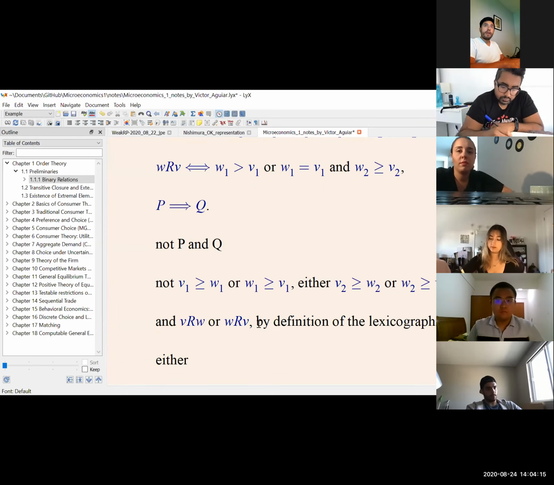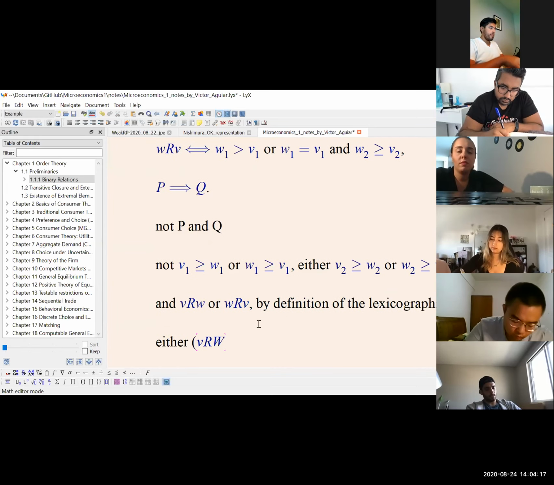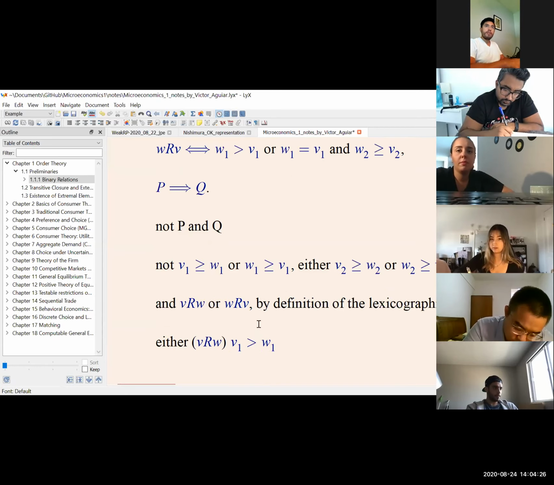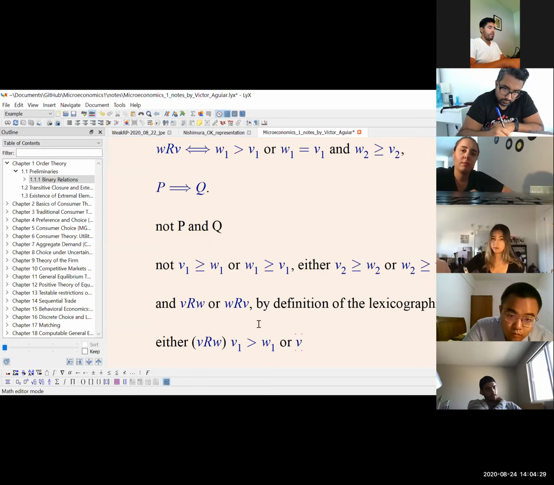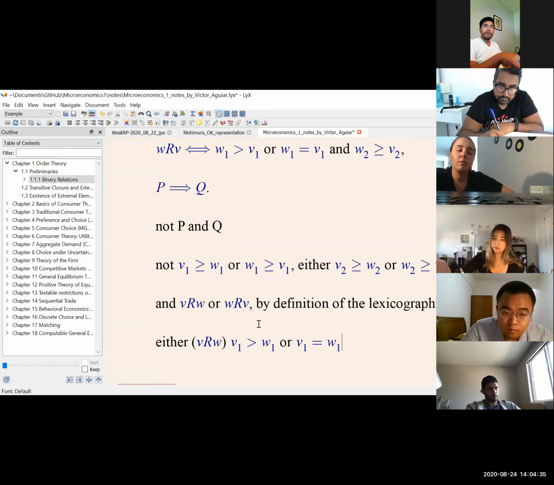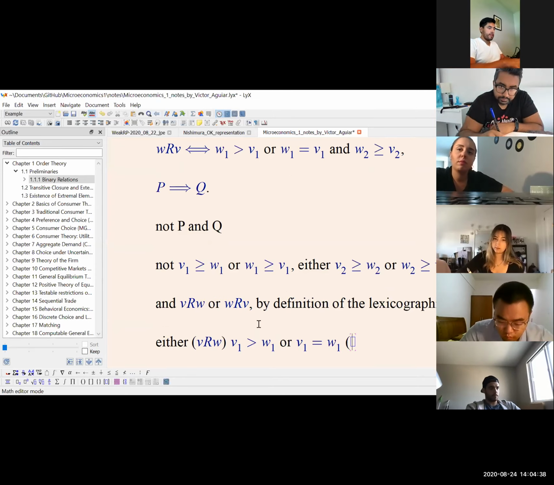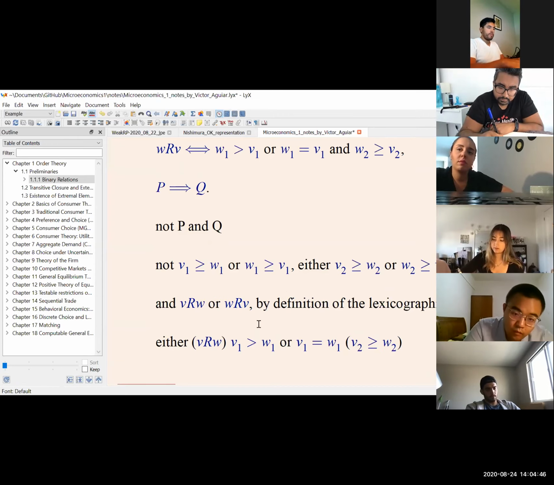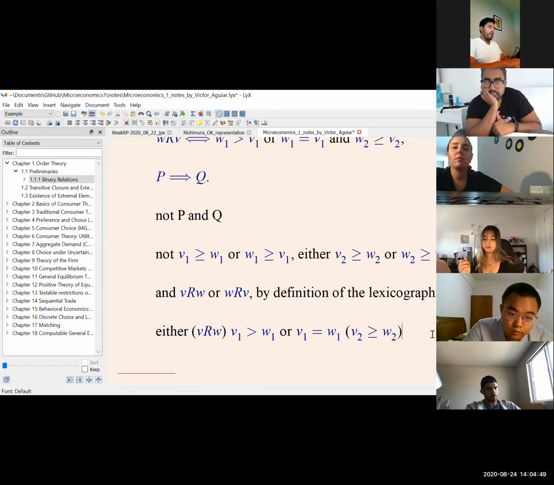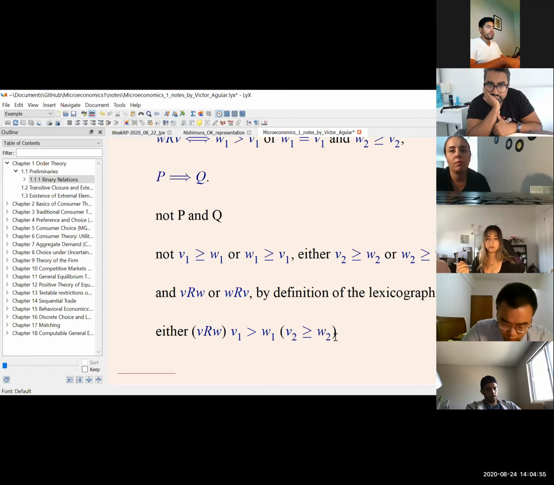that either, in the first case, V1 is in relation with W1, or V1 is equal to W1, and then we know also that this implies V2, but right now I don't care much about the second entry. So this part I just put in parentheses, which I'm going to collapse to one single object, which is the equality.